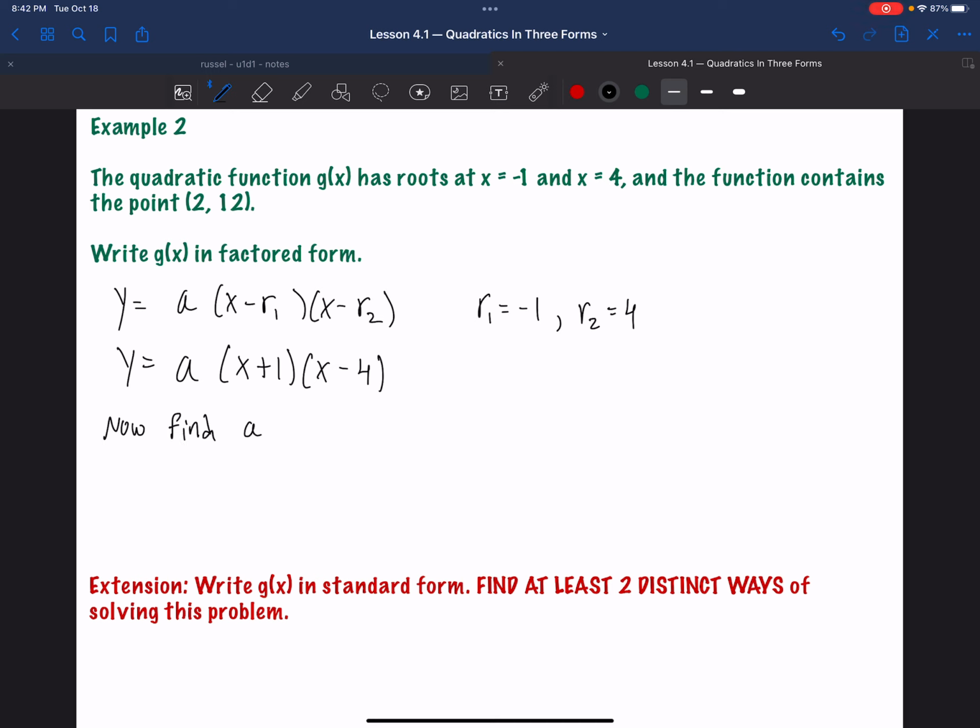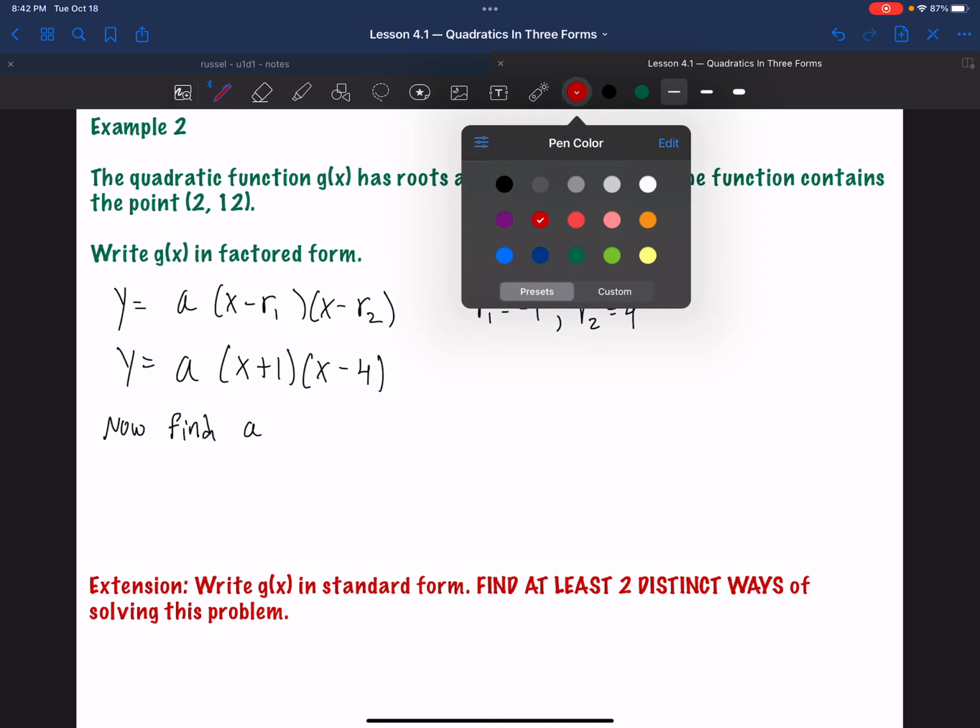Well, if you look, there are sort of three unknowns here, y, a, and x. But you have a point, 2, 12. So, if you use this point 2, 12, where 2 is x and 12 is y, then, well, let's just see what happens there. Let's do blue.